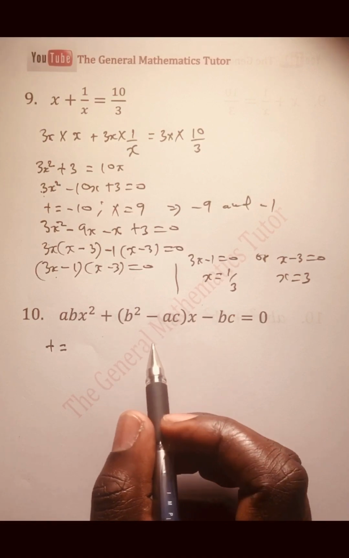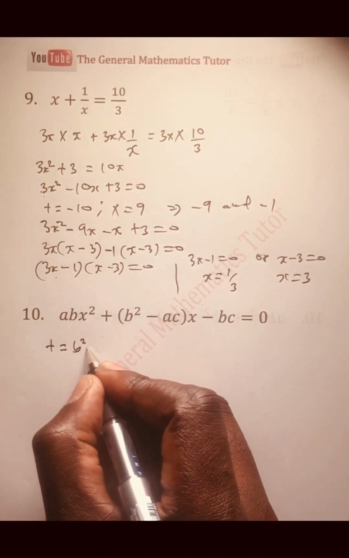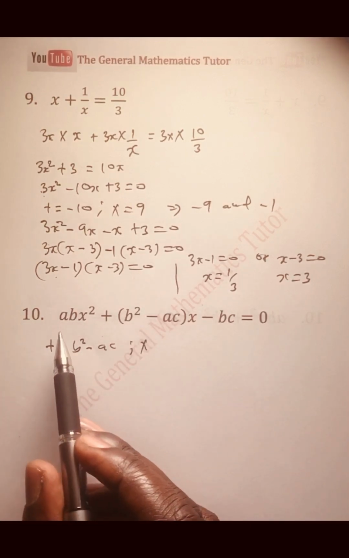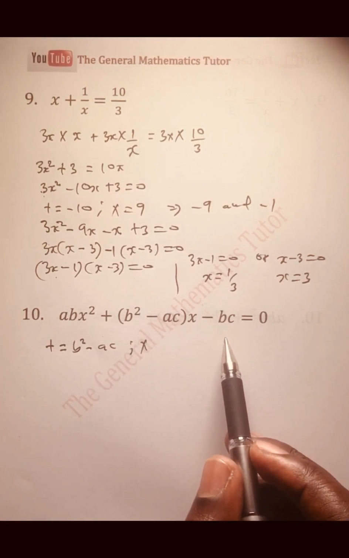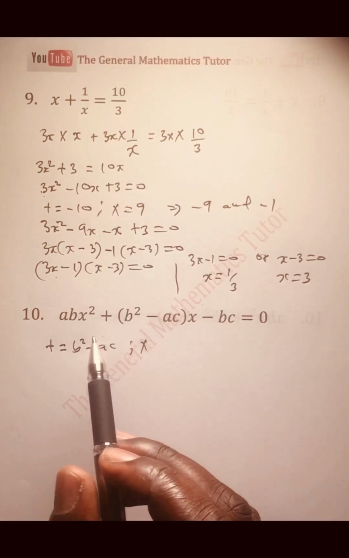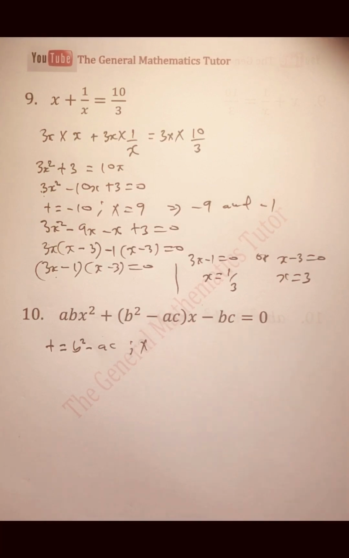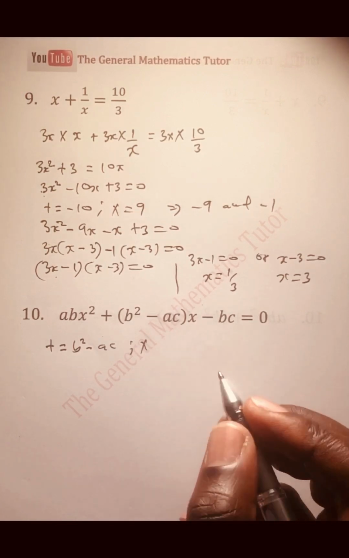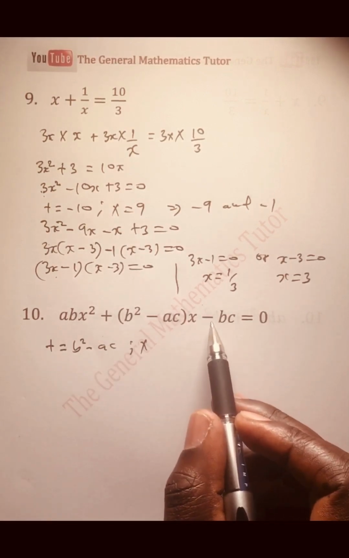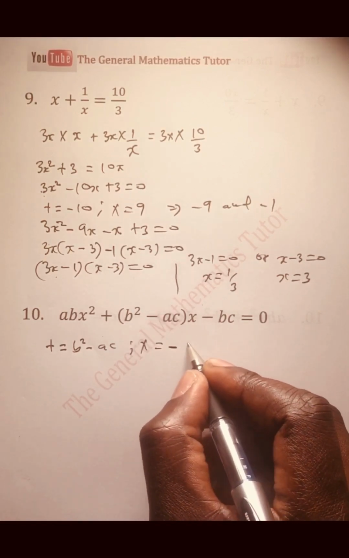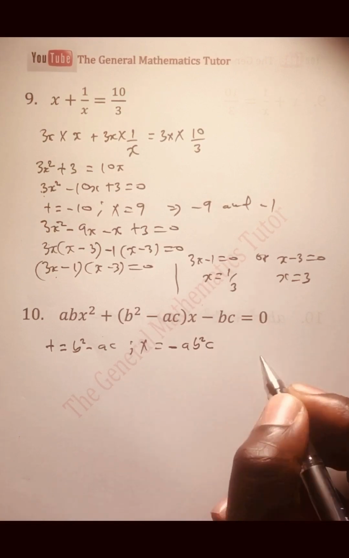So the sum should be the same as b squared minus ac, and their product should be the same as a times c. And in our case, a is ab and c is minus bc. So the product should be the same as minus ab squared c. If you multiply ab times minus bc, that should be minus ab squared c.